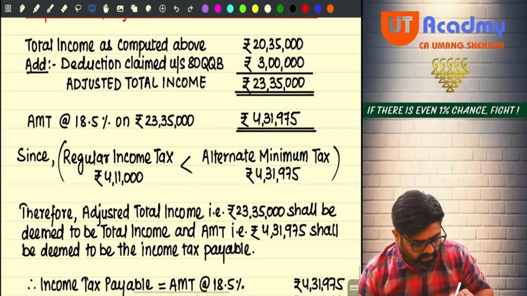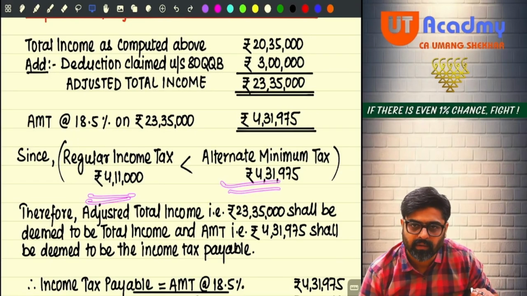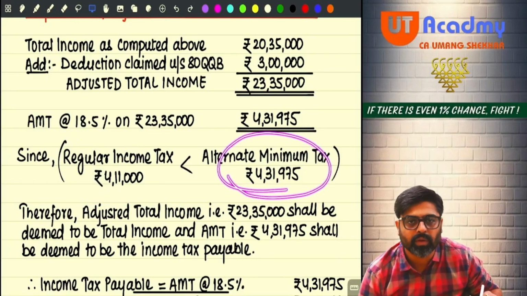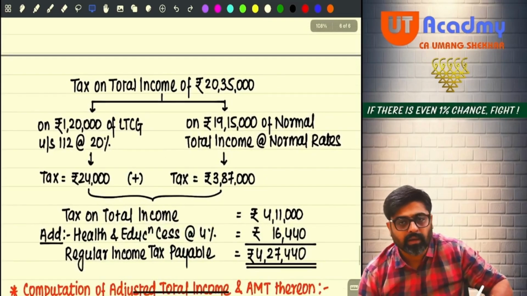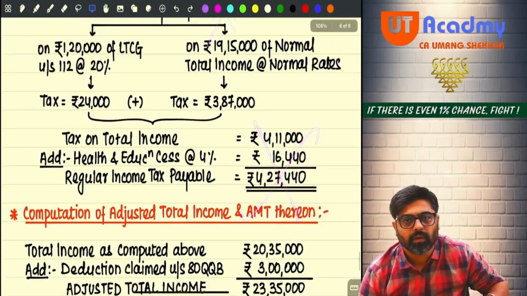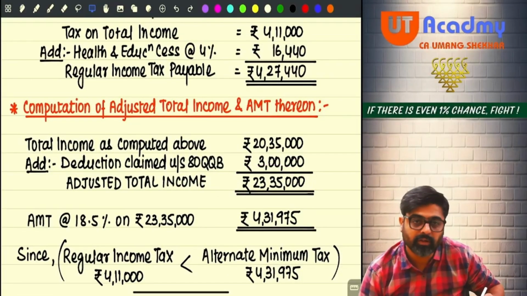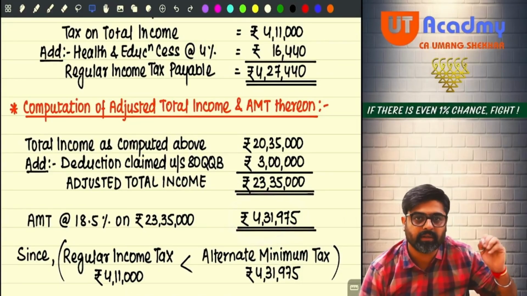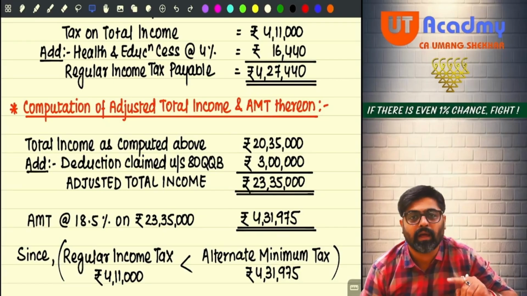Now tell me, your regular tax is 4,11,000 only, and your AMT is 4,31,000. Is your AMT more than your regular tax? Then, sir, your total income will be ignored and your regular tax will be ignored. This adjusted total income will be deemed to be your total income, and this will be your income tax liability. Now to pay this tax, you will have to add surcharge if applicable.